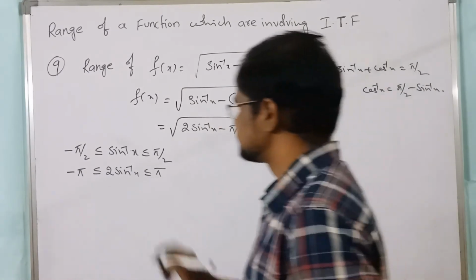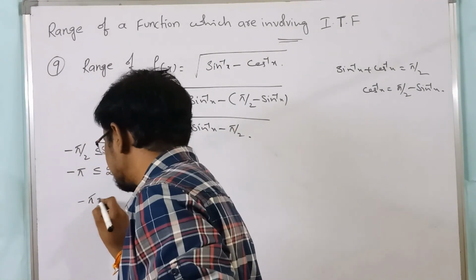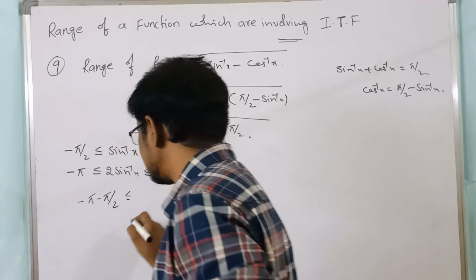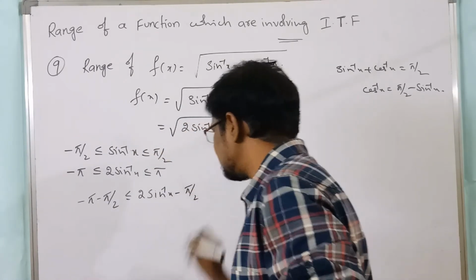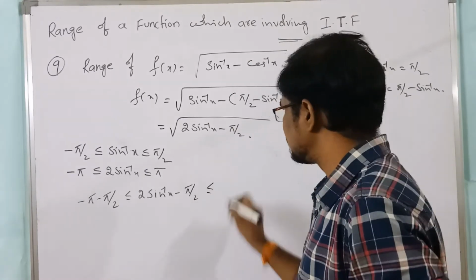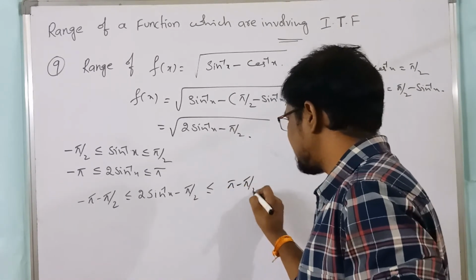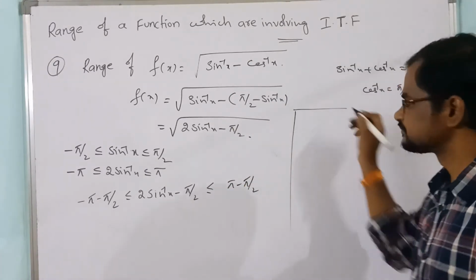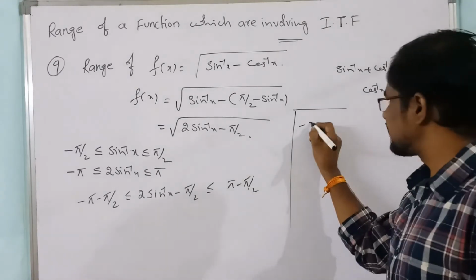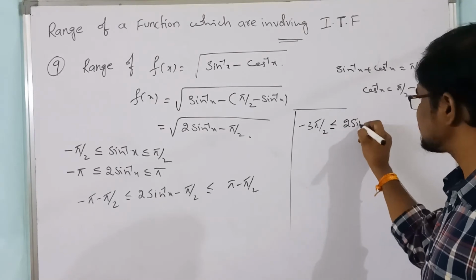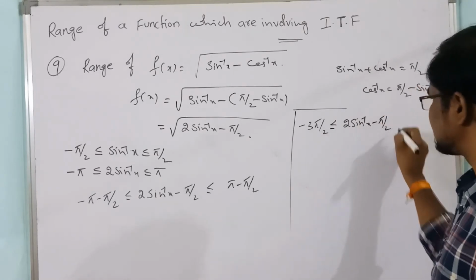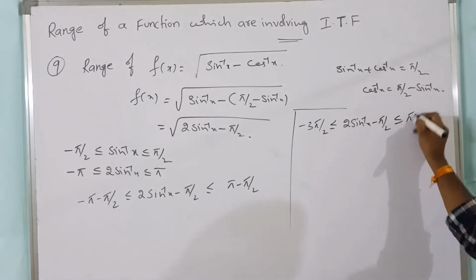Add minus pi by 2: minus pi by 2 plus minus pi is minus 3 pi by 2, less than or equal to 2 sin inverse x minus pi by 2, less than or equal to pi minus pi by 2, that is pi by 2.